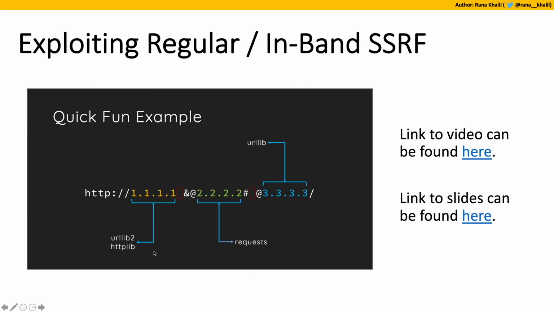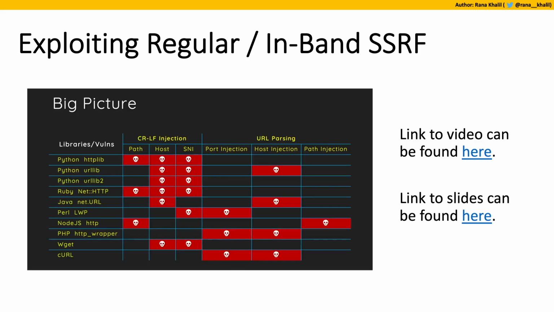The talk discusses how different URL parsers, even under the same language, parse URLs differently. So you've got the urllib2 library parsing URLs differently from the requests library, and then you've got the requests library parsing URLs differently from the urllib library, and so on. And so what you could do is exploit these inconsistencies in order to bypass SSRF whitelist defenses.